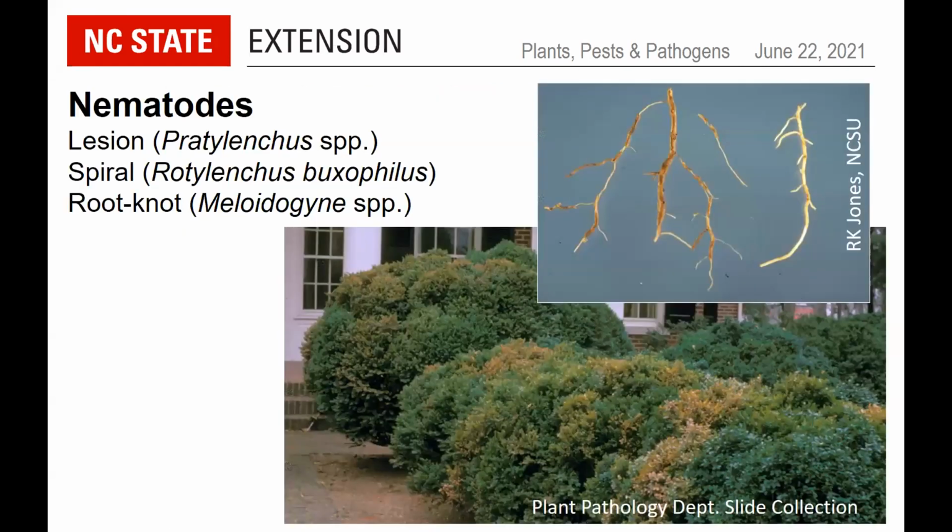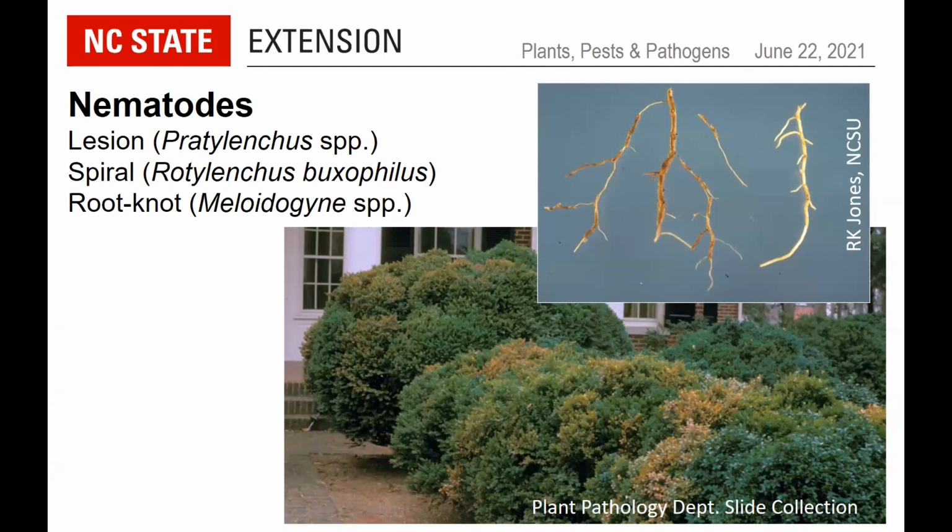But resuming the boxwood underground problem theme here, the nematodes, it turns out there are 3 different kinds that we deal with in boxwood in North Carolina. And in order of popularity, lesion nematodes, or Pratylenchus species, are the ones that we find the most.